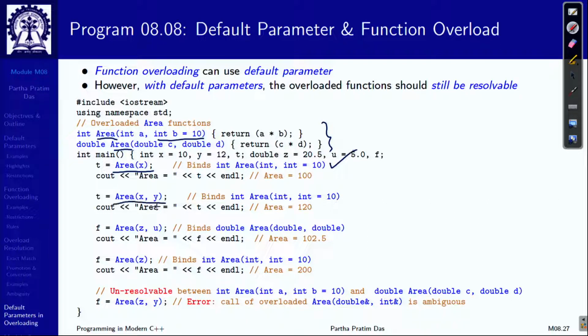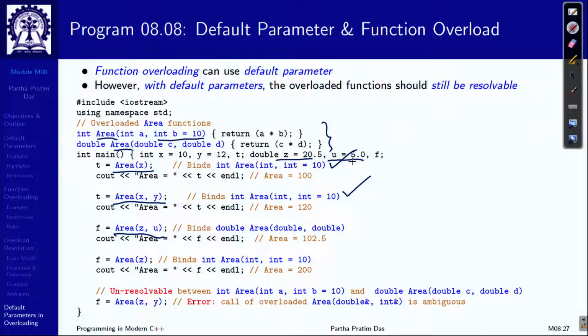What is area x y? 2 parameters. So, both functions are actually viable, but the first one has the exact match. So, this is what we get. If we do area Z W, Z is double, W also is double.